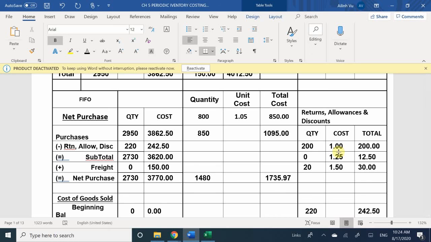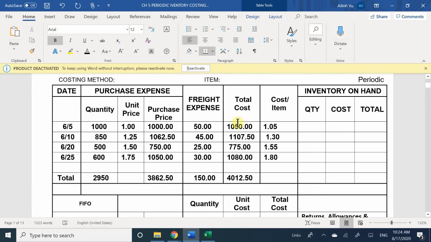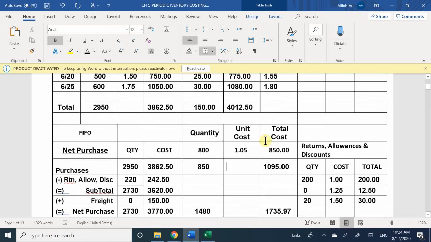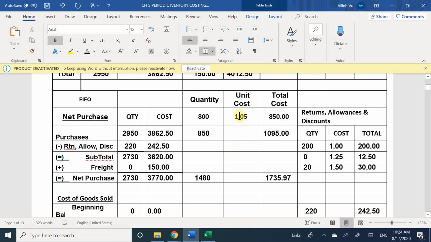Now I need to recalculate my new cost per item, because $1095 divided by 850 will get you a completely different number than what is already calculated up here. We need to figure out what that number is so we can adjust this number to get the correct total cost.